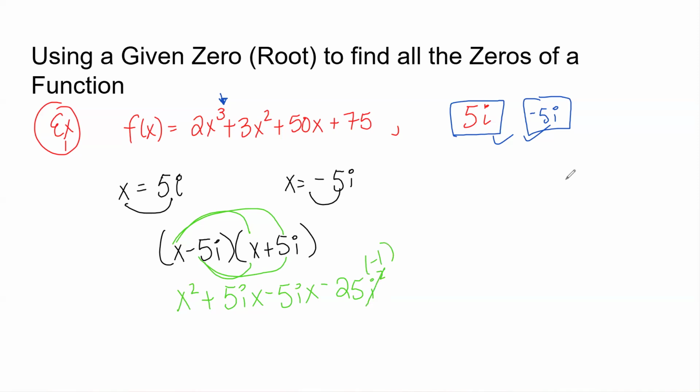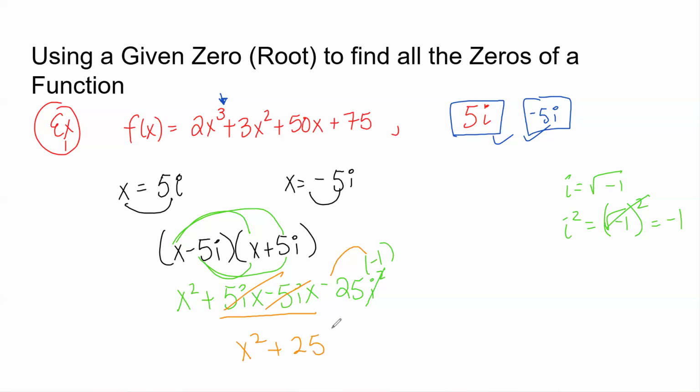Again, that comes from the definition of i. i is root negative 1, so i squared would be root negative 1 squared, which is negative 1. So the middle cancels, right? Positive 5ix minus 5ix, bye-bye. And we're left with x squared minus minus is plus 25.